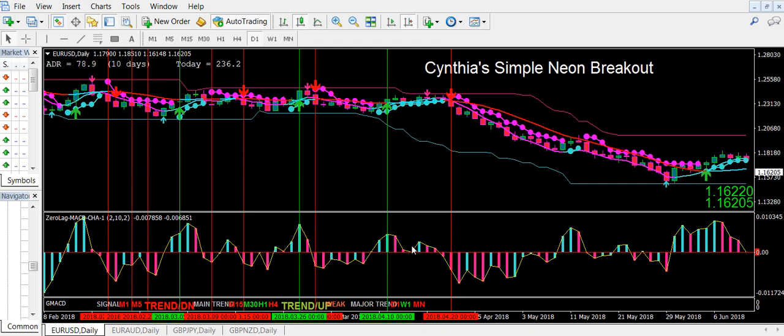But you would have stayed in the trade because the yellow signal line did not actually cross the red zero line. So if you had stayed in this trade and considered exiting when you see the Donchian channel arrow appear, which means you hit resistance again, even though everything is still blue, at some point here the medium trend slope turned pink.